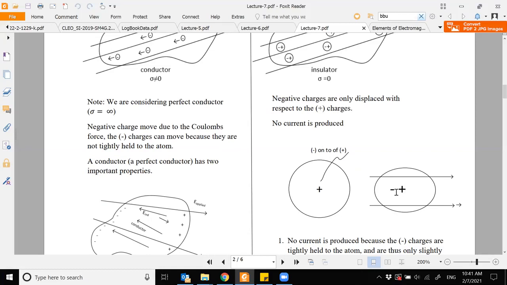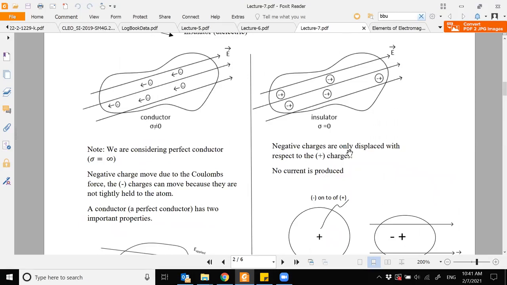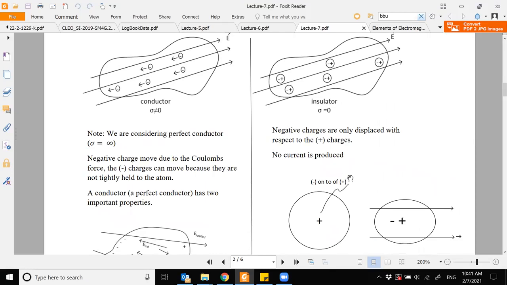That means from a circular orbital it becomes an oval shape orbital, because the electrons are getting pulled by the applied electric field. So instead of going in a circle, they are pulled and become oval. The negative charges are only displaced with respect to the positive charges.